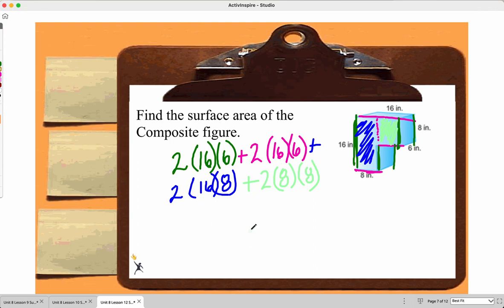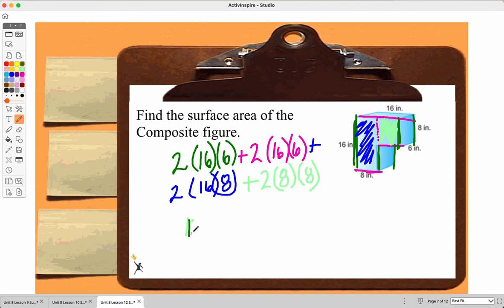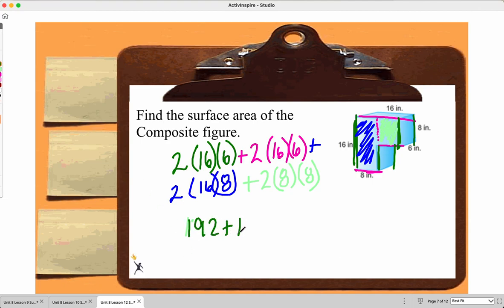So now we just type all this into our calculator. 16 times 6, those happen to be 96, so 2 times 96. So I've got 192. Let me change colors again. Let's go all dark green on this one. 192 plus 192. 16 times 8 times 2 is 256.